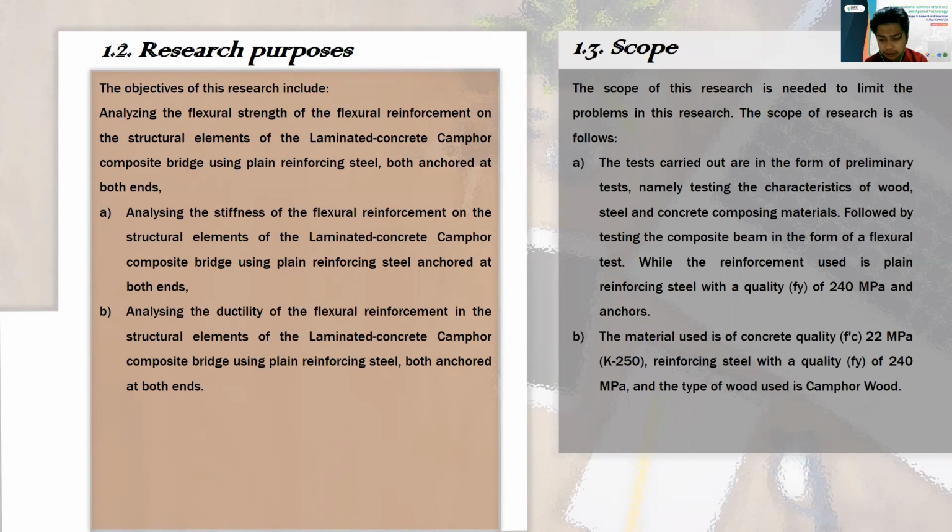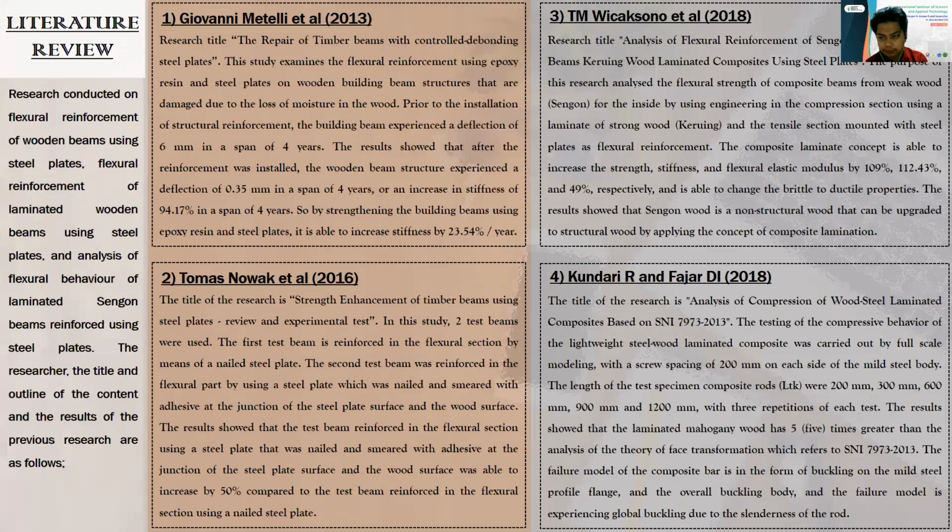Second, the material used is concrete quality f'c 22 MPa, reinforcing steel with a quality fy of 240 MPa, and the type of wood used is Camphor wood. Here is all the research about the laminated wood and the steel anchor.